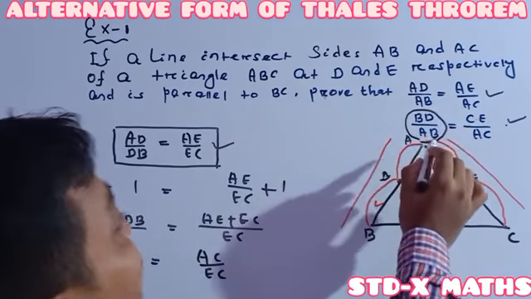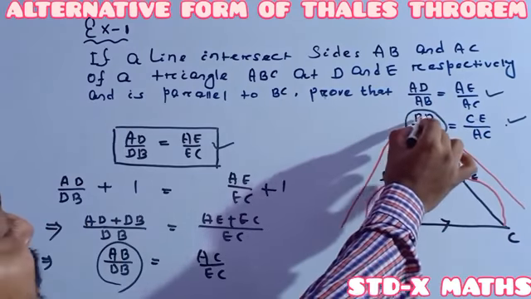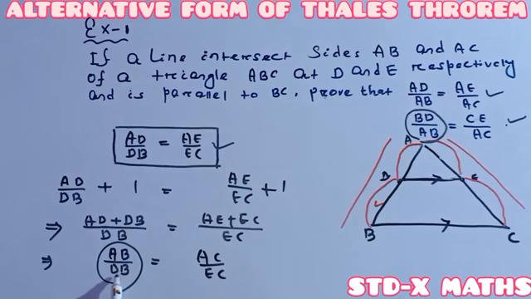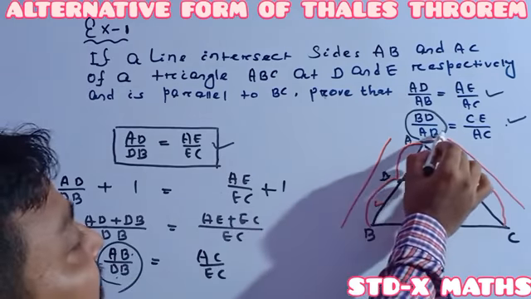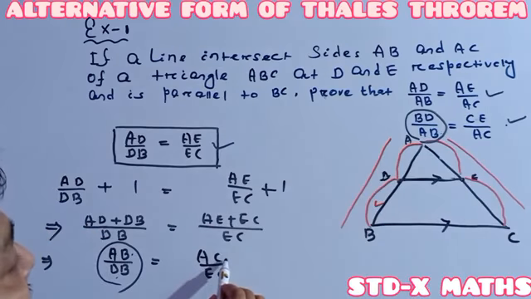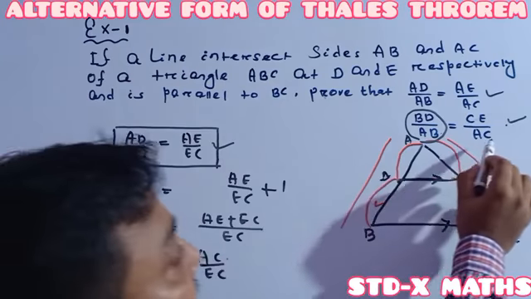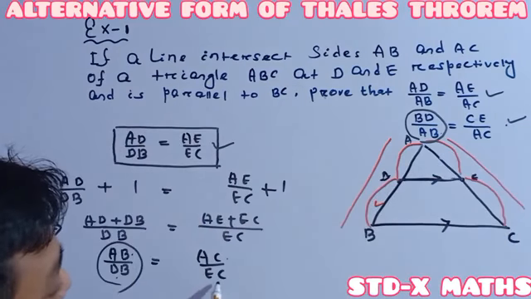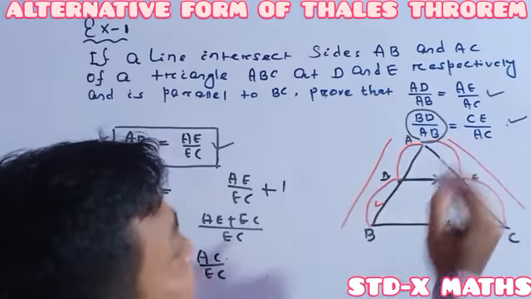On both sides, here BD is the numerator, but there BD is the denominator. Here AB is the numerator, there AB is the denominator. Here AC is the numerator, there AC is the denominator. Here EC is the denominator, there EC is the numerator.